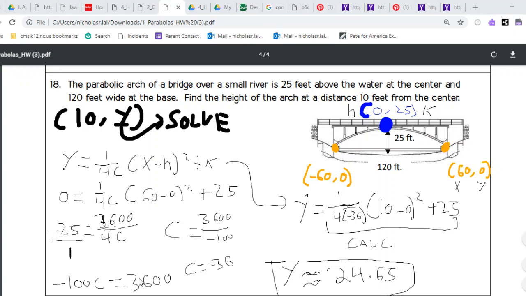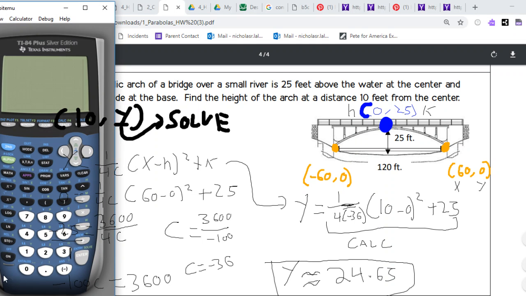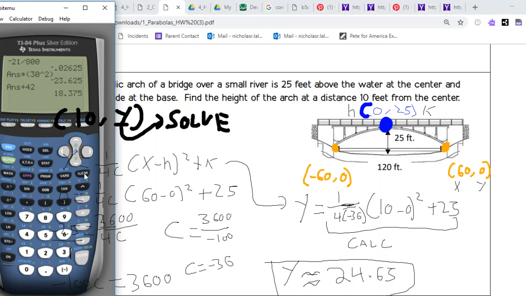All right. What can I go over? What steps can I clarify? Well, how do I put that into the calculator? Your actual input would be, first of all, 1 over 4 times negative 36. So 1 divided by 4 times negative 36.